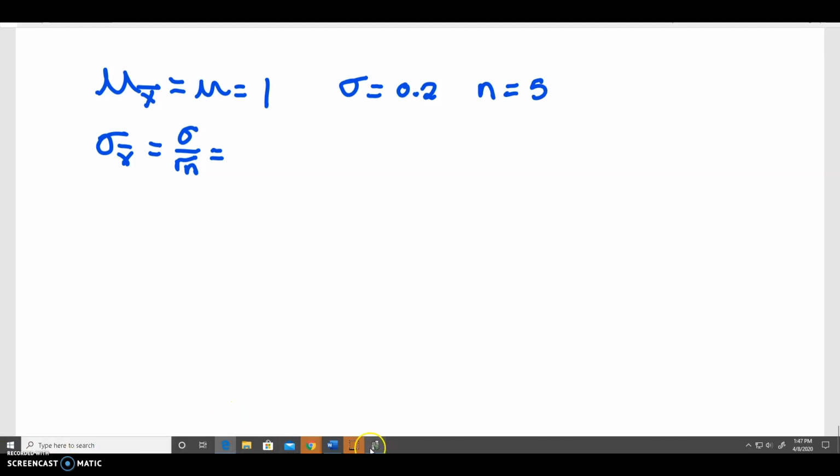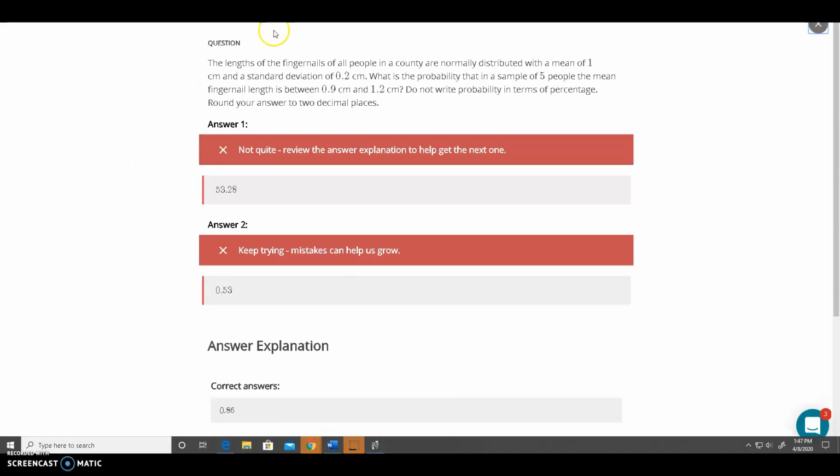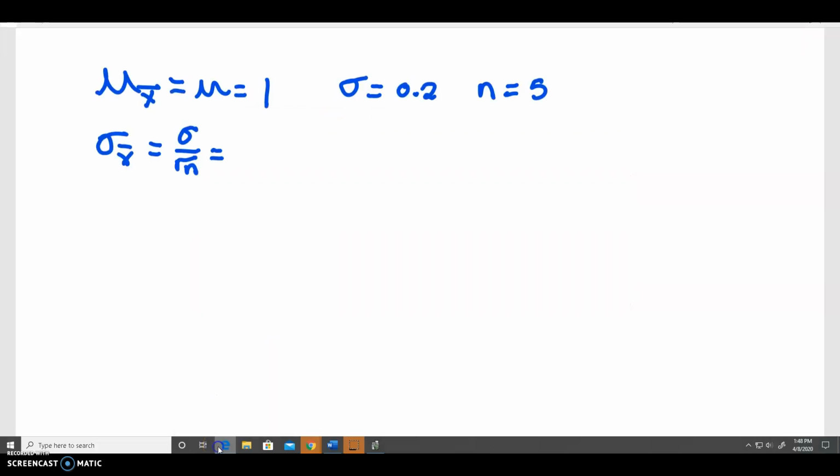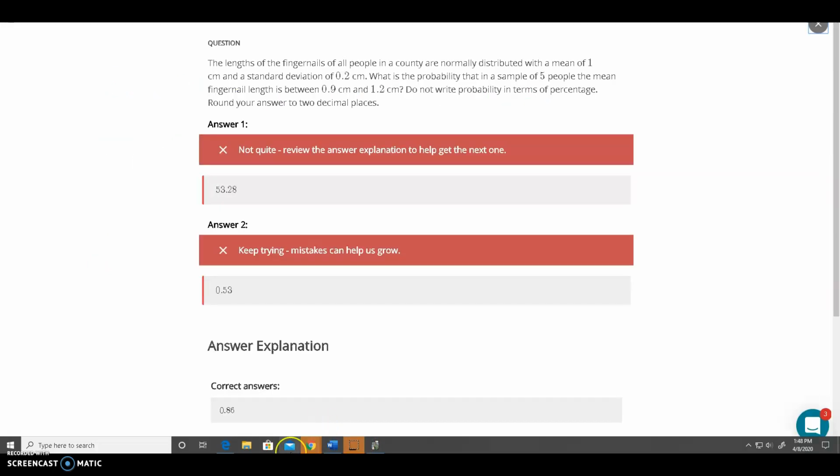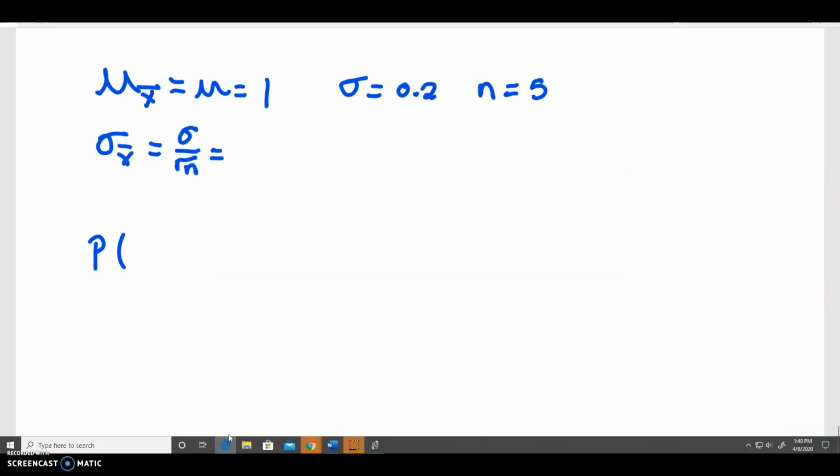And we have two x values in this one. We have 0.9 and 1.2 centimeters. So we're looking for the probability that x is between 0.9 and 1.2 centimeters.